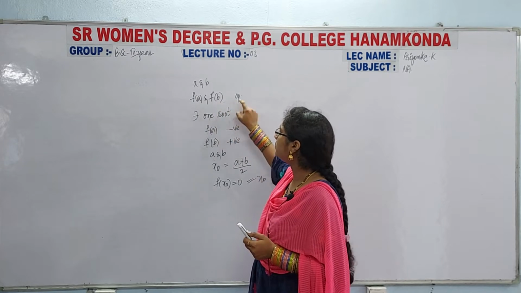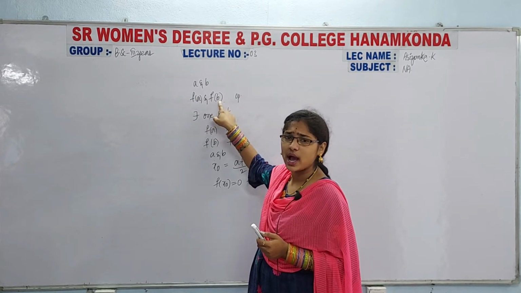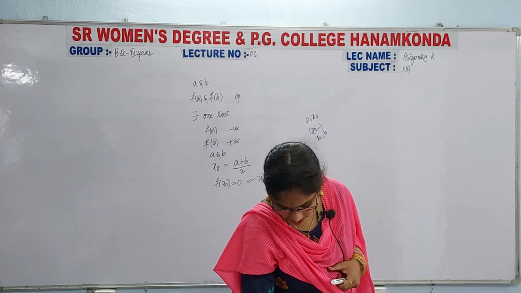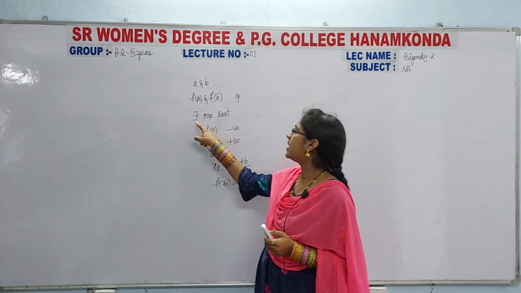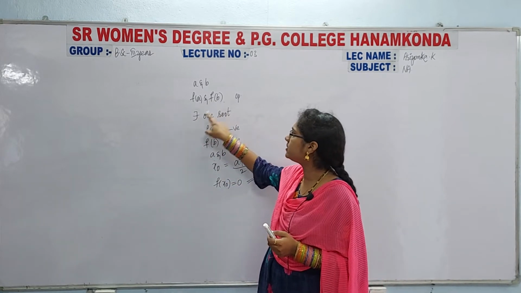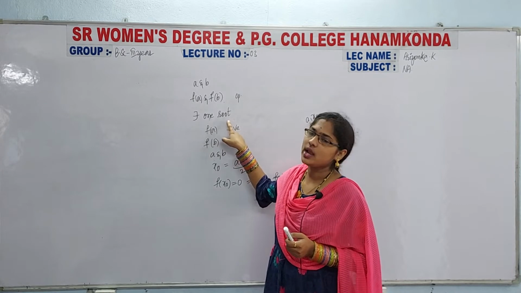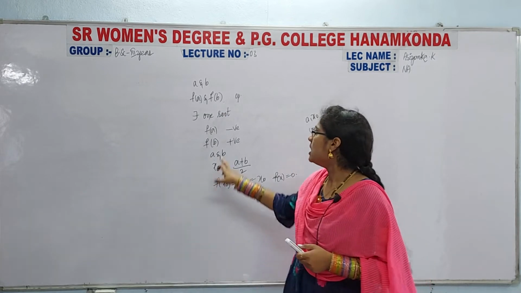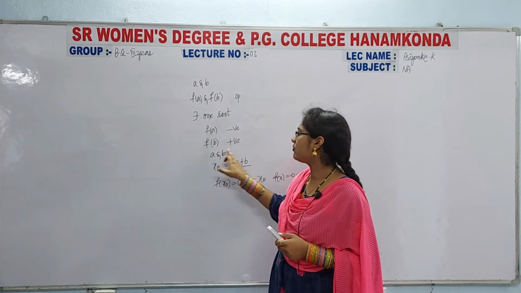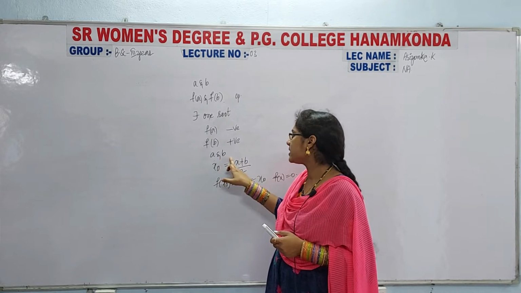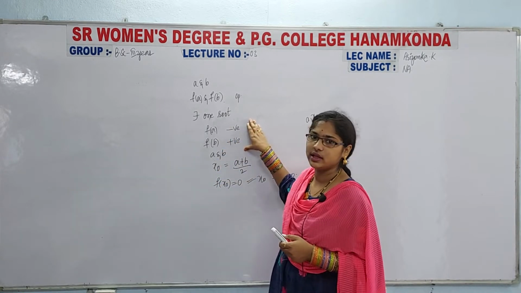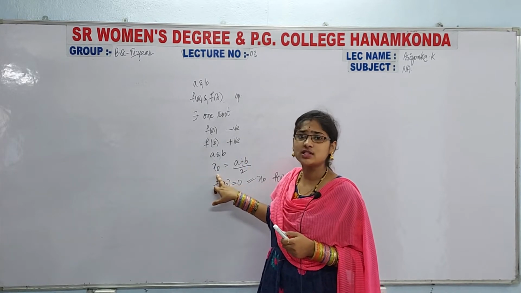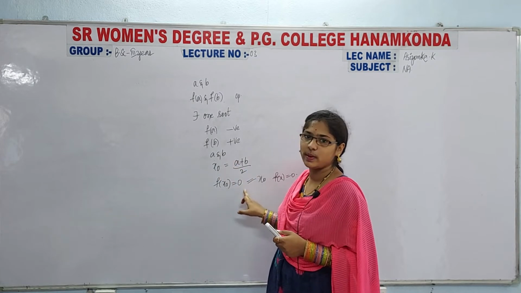If these two have opposite signs, one positive and the other negative, then only we take it. Then there exists one root. Here f of a is negative and f of b is positive. If this happens, then definitely the root lies between a and b, and we take the first value as a plus b by 2.